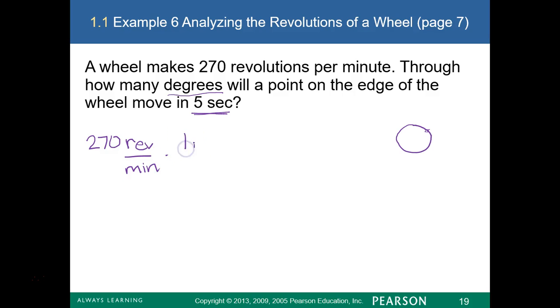There is 1 minute in 60 seconds. And when we multiply these two, the minutes cancel, and we end up with 4.5 revolutions per second.